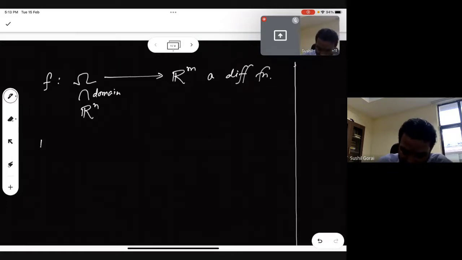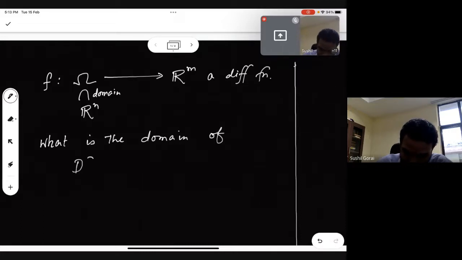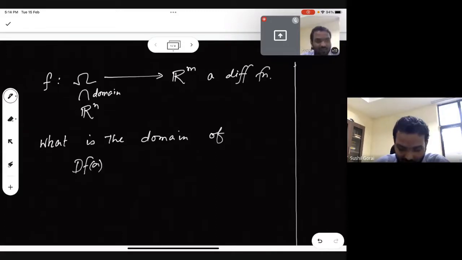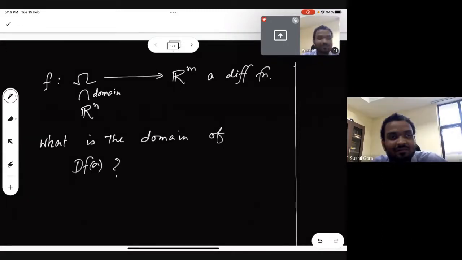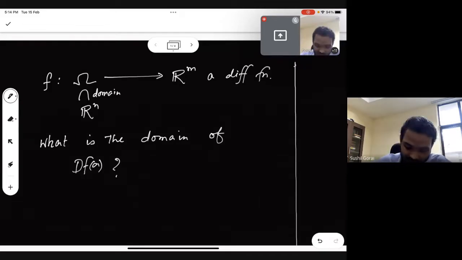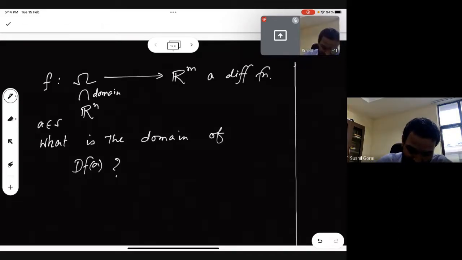Now, what is the domain of df at A, right? So what is the domain? Let's say A is in omega.